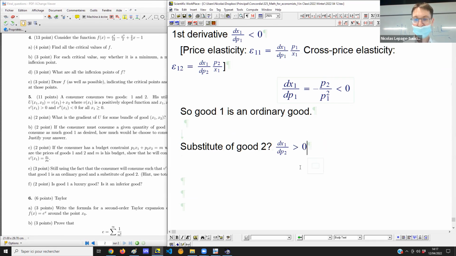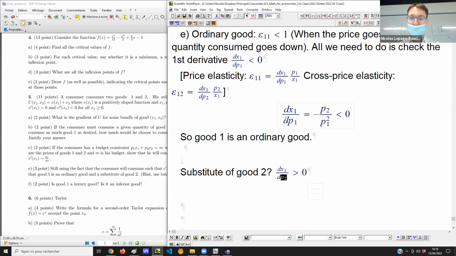Yeah, exactly. So what does it mean to be a substitute? It means that it's something that I use when I cannot use the other. So in that case, when the price of good 2 goes up, then I want to consume less of good 2, and I'm going to substitute to good 1. So let's do that.